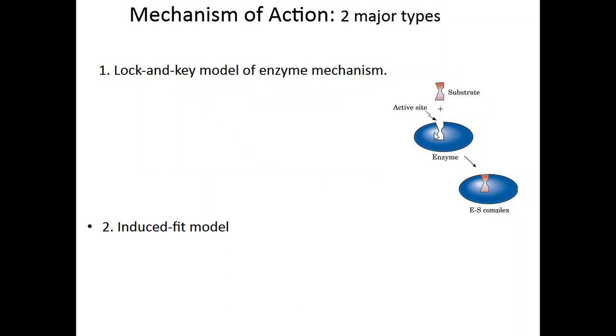The active site cannot change and the substrate structure also cannot change. This type of substrate is involved with the enzyme to form the enzyme substrate complex. This type of enzyme action is called the lock and key model of enzyme mechanism.